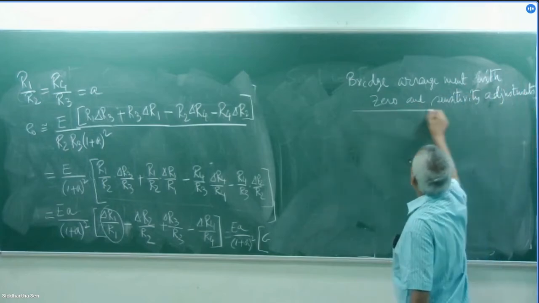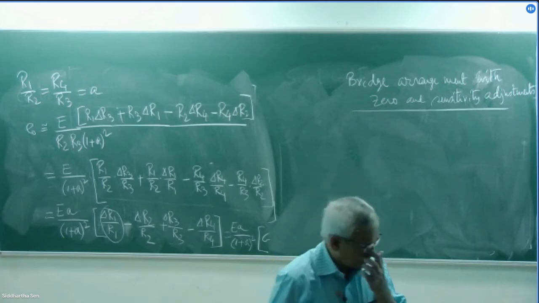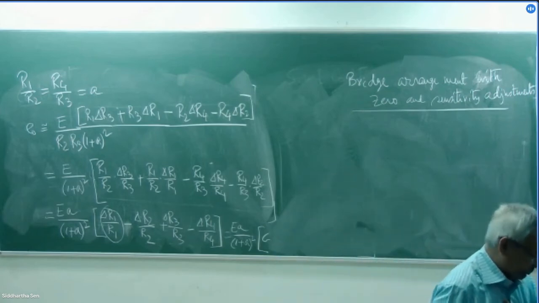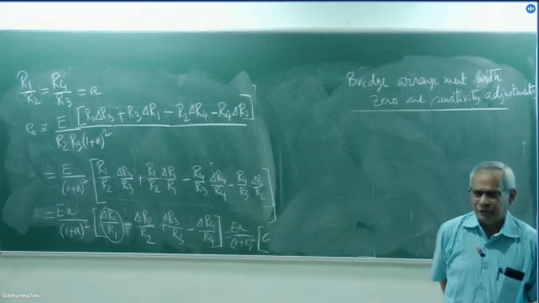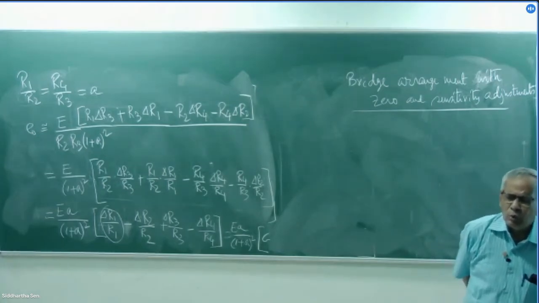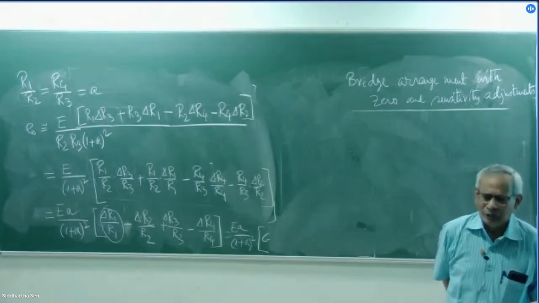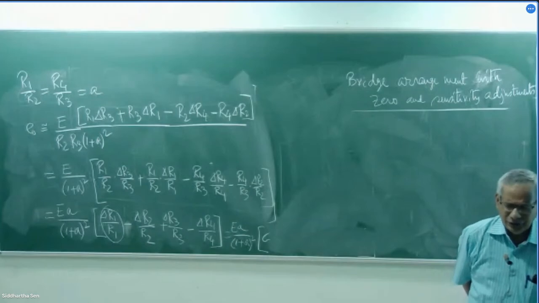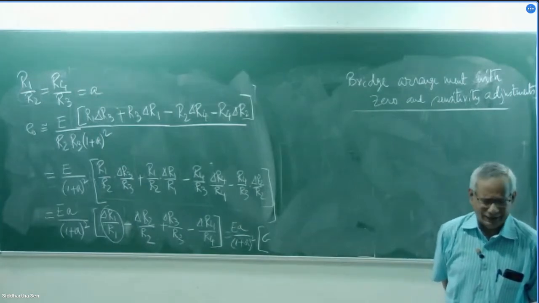We have already discussed that any instrument we want to make should have some regular calibration, and at least 2 adjustments are required. One is the zero adjustment and another is the full scale adjustment, or the span adjustment.